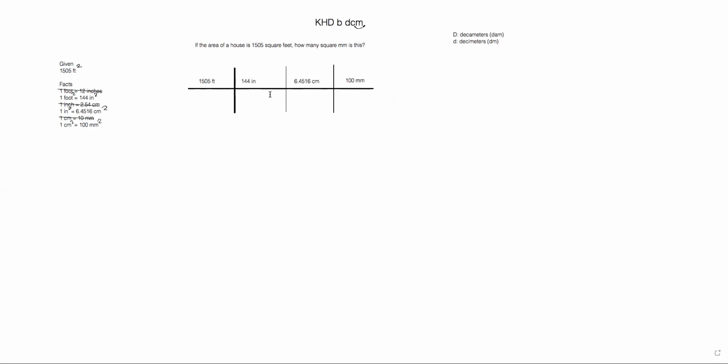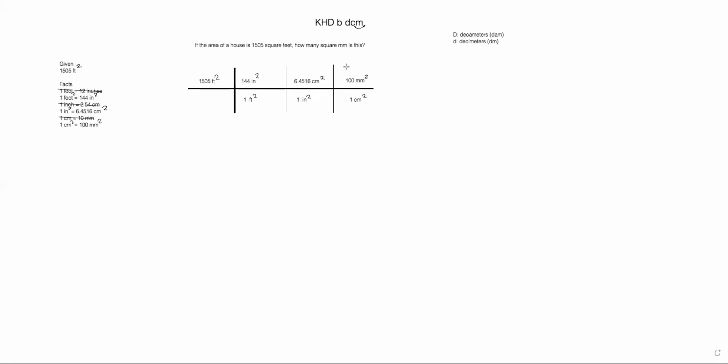So we know that there are 144 square inches in 1 square foot. And we know that there is 1 square inch in 6.4516 square centimeters. And we know that there's 1 square centimeter in 100 square millimeters. So these are all square units. And like I said before, every fact column should be set up in a way where what's on top is always equal to what's on the bottom.